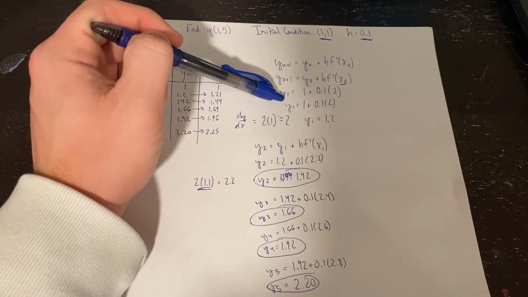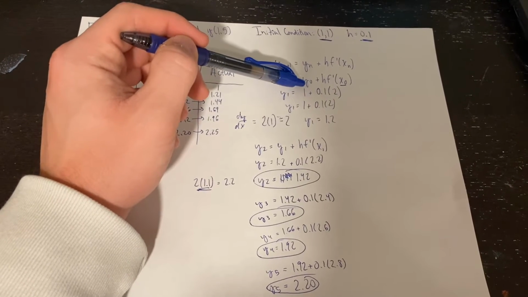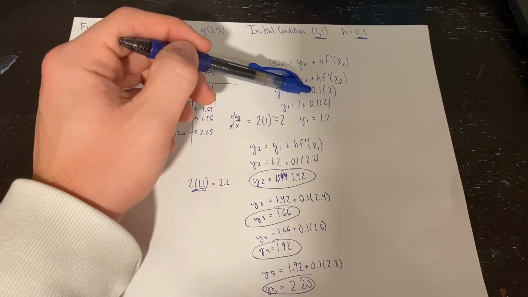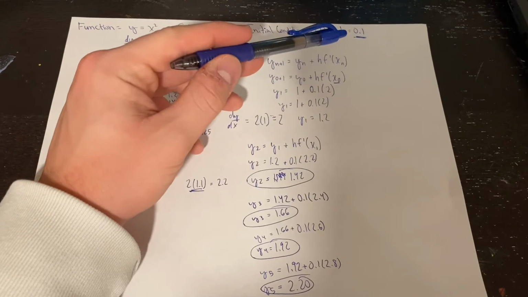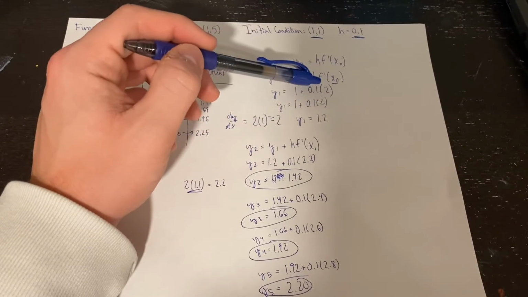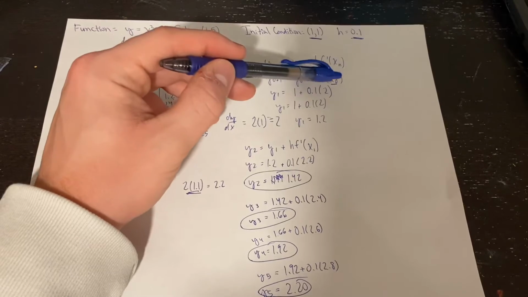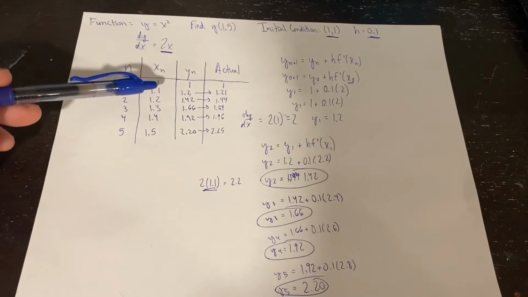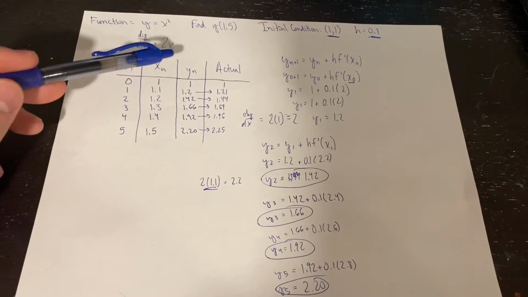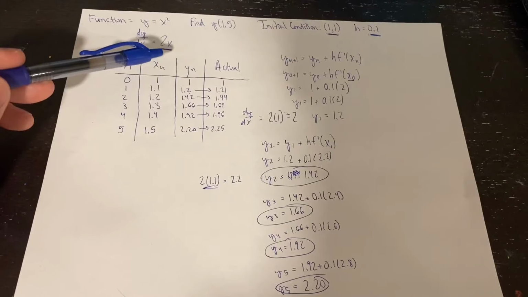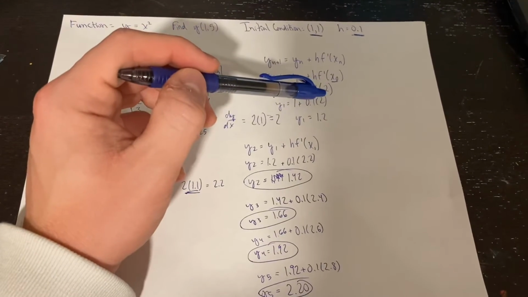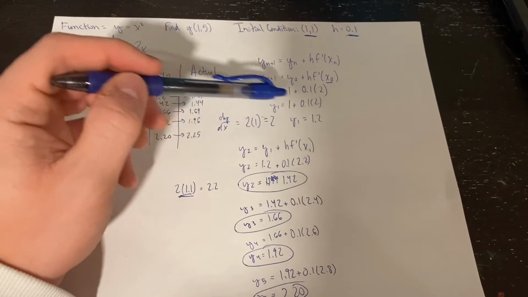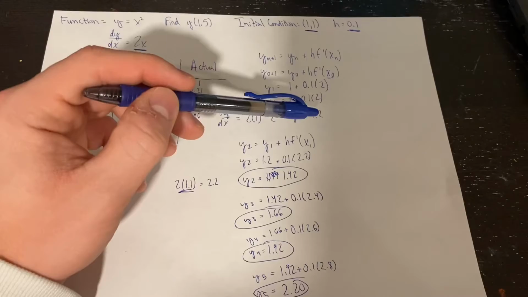So if we want to find y sub 1, we can plug in y sub 0, which we know to be 1 from the initial condition, plus the step size h, which we know to be 0.1, again given in the problem, times the derivative of the function at x sub 0. We know x sub 0 is 1. We know the derivative is 2x. So if we plug in 1 into the derivative, we get 2 times 1 equals 2. So y sub 1 equals 1 plus 0.1 times 2, which is 1.2.